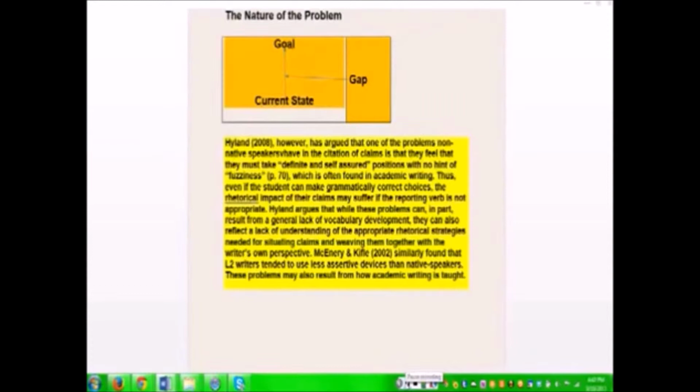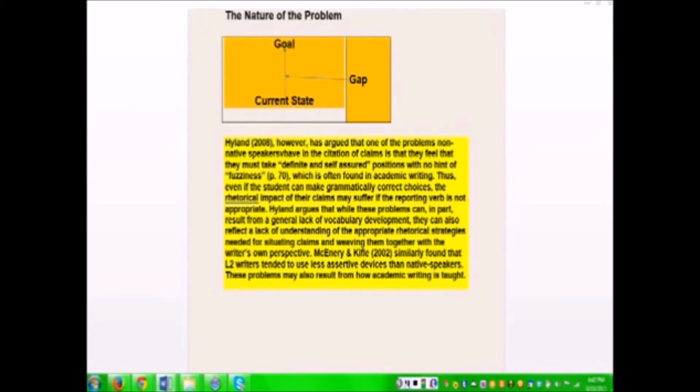Now, before I discuss more specifically the nature of the problem, I want to present a little diagram that may help understand what we're doing. So what is a problem? Well, a problem in academic writing is the same as a problem in any situation. There's the current state that you're in, and then there's your goal.